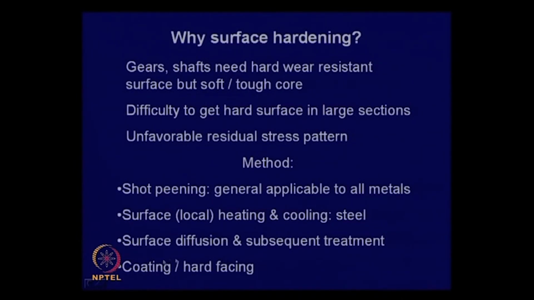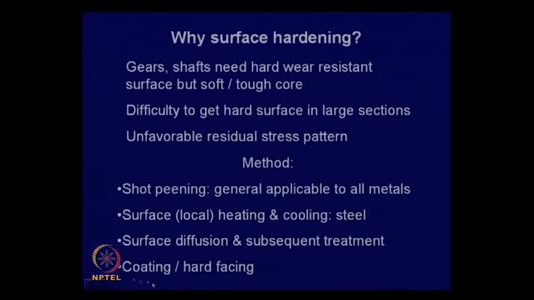And apart from this, there are lots of other coating processes where you can give hard coatings, and usually you may have to give multi-layer coatings to maintain compatibility with the base material. You may have to give several layers of coating, a bond coat, and ultimately a hard, wear resistant coating, or if you want, a thermal barrier coating.